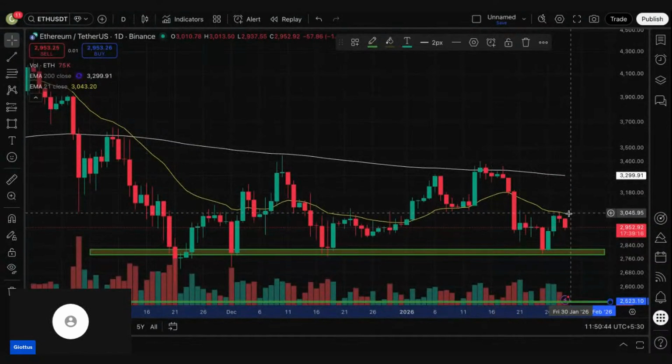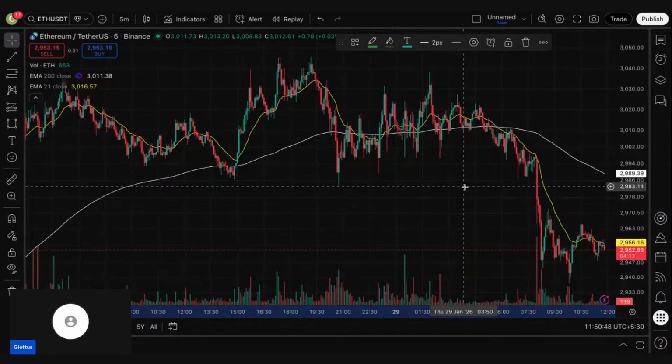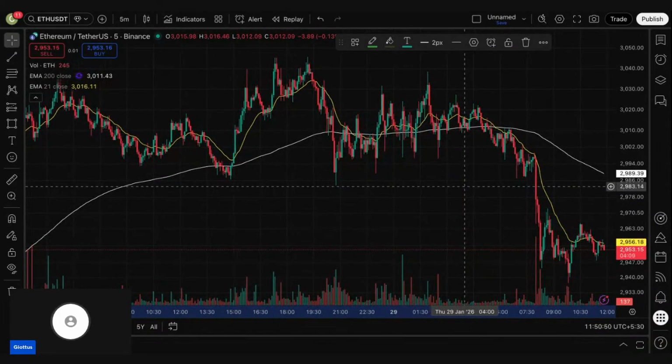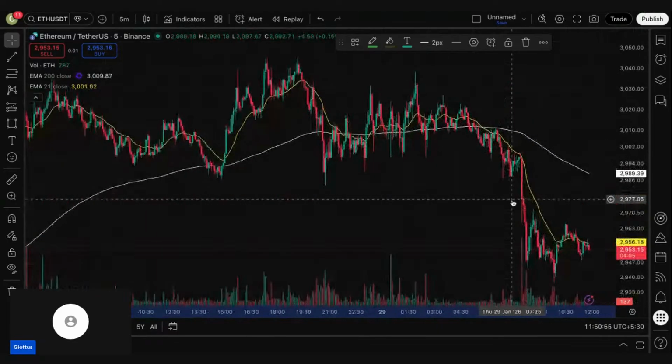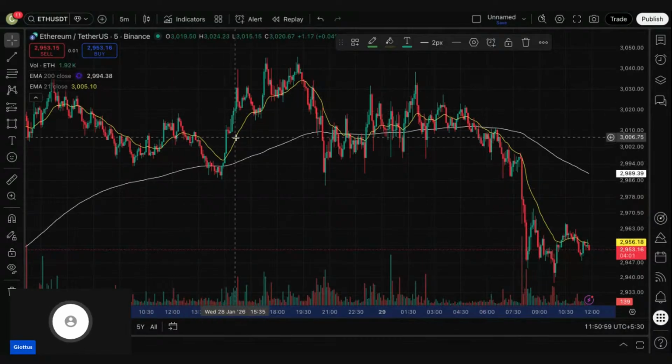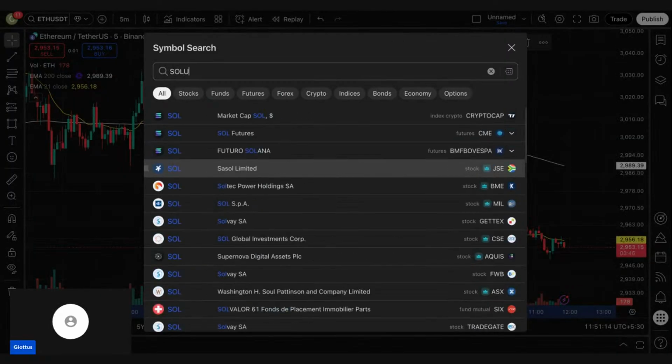So if Ethereum breaks this low, in that case, we will not see the market holding above these levels. So guys, take note of this. This is the problem with the market right now. So Ethereum short is what we have discussed. You can go ahead and place the trade, and we can target a lower level.